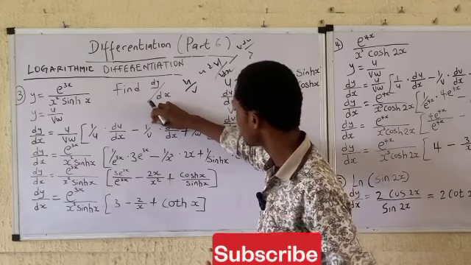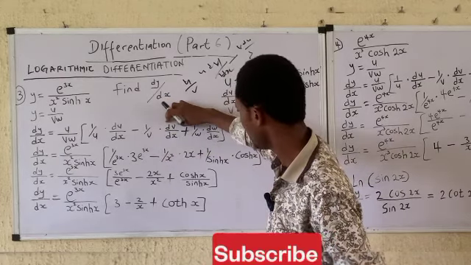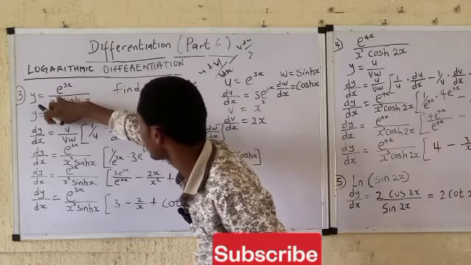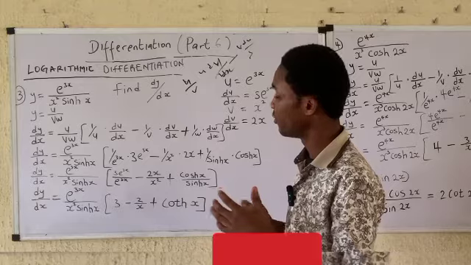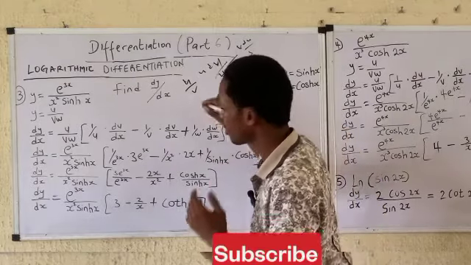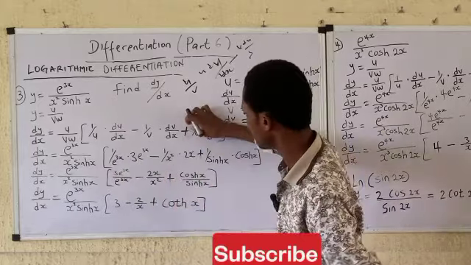Now 1 over v times the differential form of v, which is dv/dx, plus. Now when in logarithm, when two functions are multiplying themselves, it turns positive. So since they are multiplying themselves, it is positive. That's how we have our plus here.